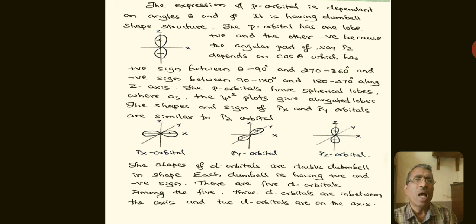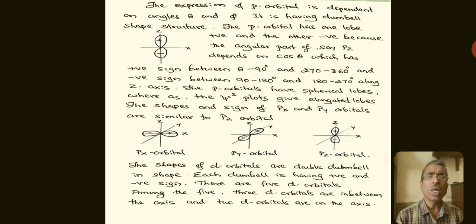The p orbital has one lobe positive and the other lobe negative, because the angular part of, say, pz depends on cos theta, which has positive sign between theta minus 90 degree and 90 degree, and 270 to 360 degree, and negative sign between 90 to 180 degree and 180 to 270 degree along the z-axis.